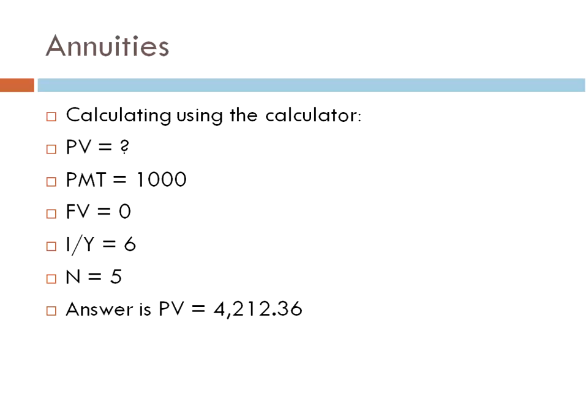And then we press the compute button, or CPT, and then push the PV or present value button. If you've done this correctly, the answer should be $4,212.36.